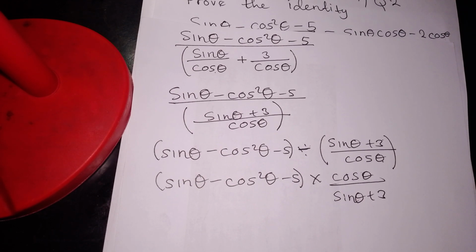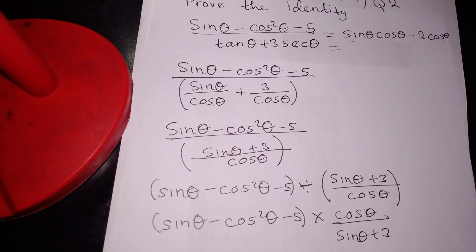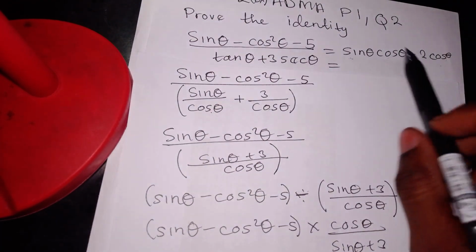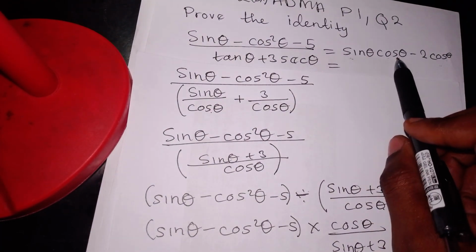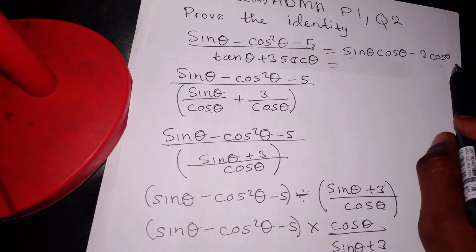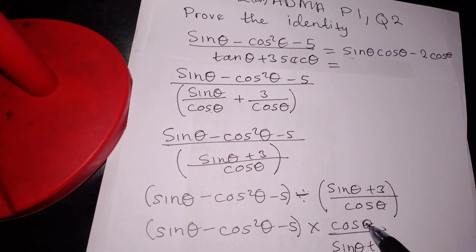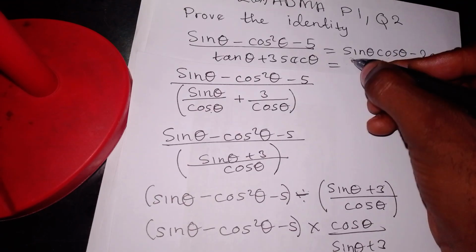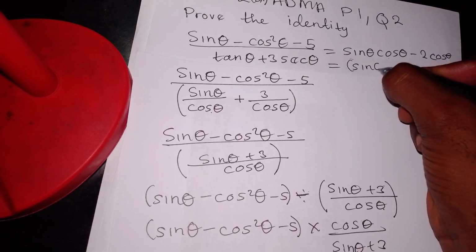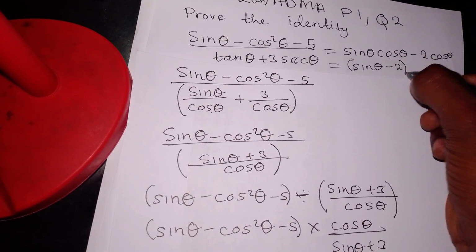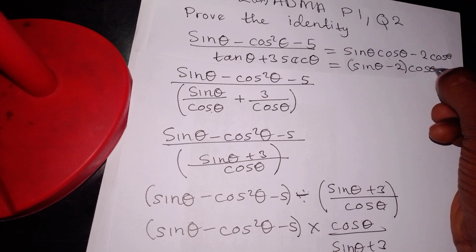So at this point, when you expand, you won't get anything interesting. So what you want to do is, as you can see from here, we have sine theta cos theta minus 2 cos theta. So cos is common, so you don't want to change this. If anything, you want to factorize this. You factor the cos out so that you have this.